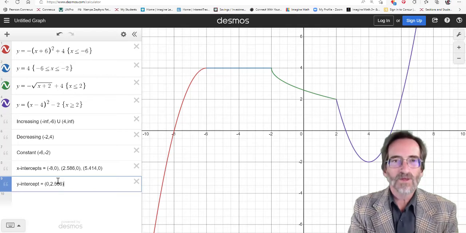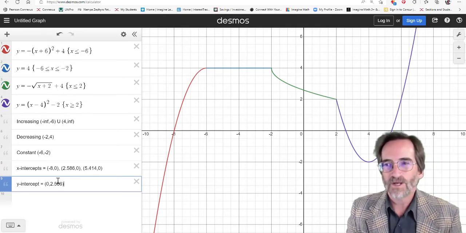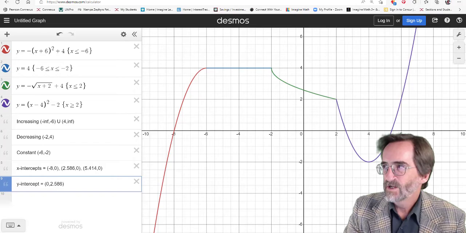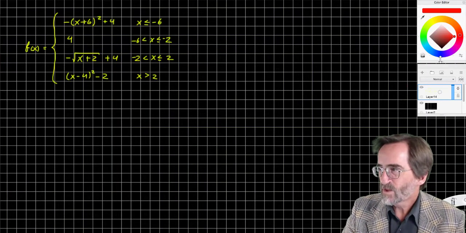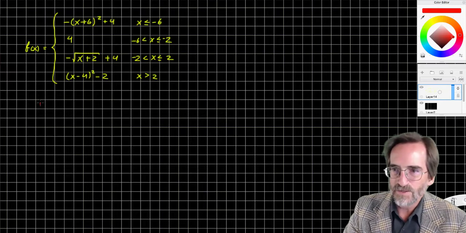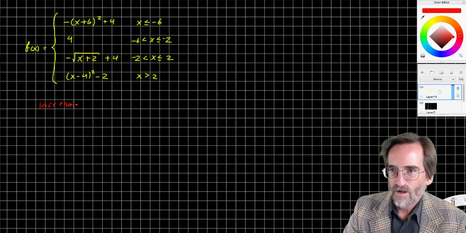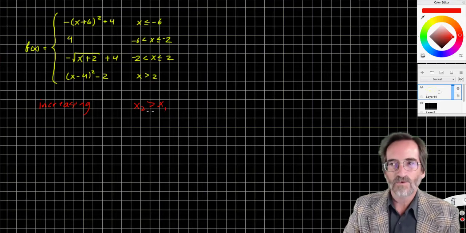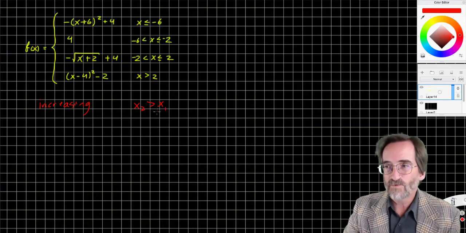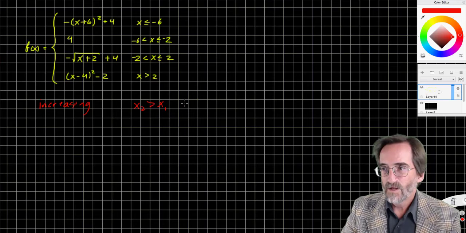Now there's one more thing. We want to make sure we have a clear understanding of our definitions of increasing, decreasing, and constant. So a function is said to be increasing if x2 is bigger than x1, in other words, if I move to the right, the function goes up.